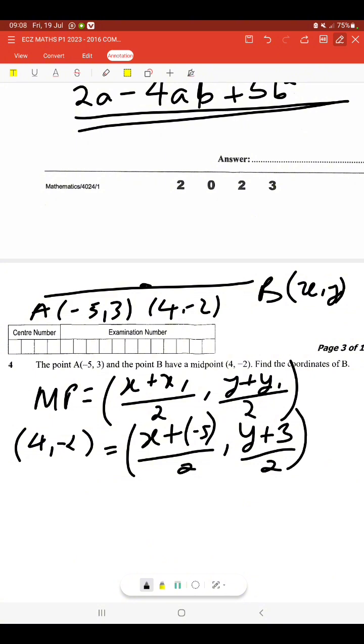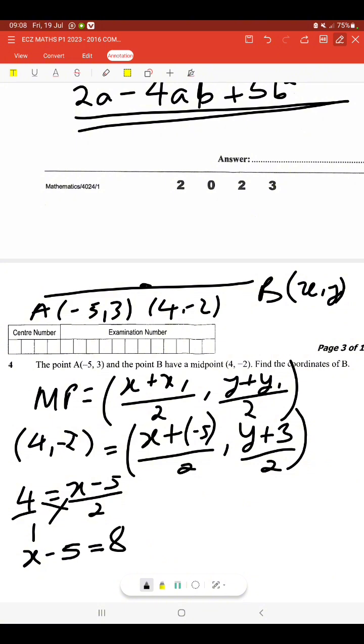So we're going to equate the x value in this midpoint coordinate with the x coordinate in the midpoint. So 4 will be equal to (x minus 5) divided by 2. When we cross multiply here, we're going to have x minus 5 equal to 8. And if 5 goes to the other side of the equation, it becomes 8 plus 5, which gives us 13. So x equals 13 here.